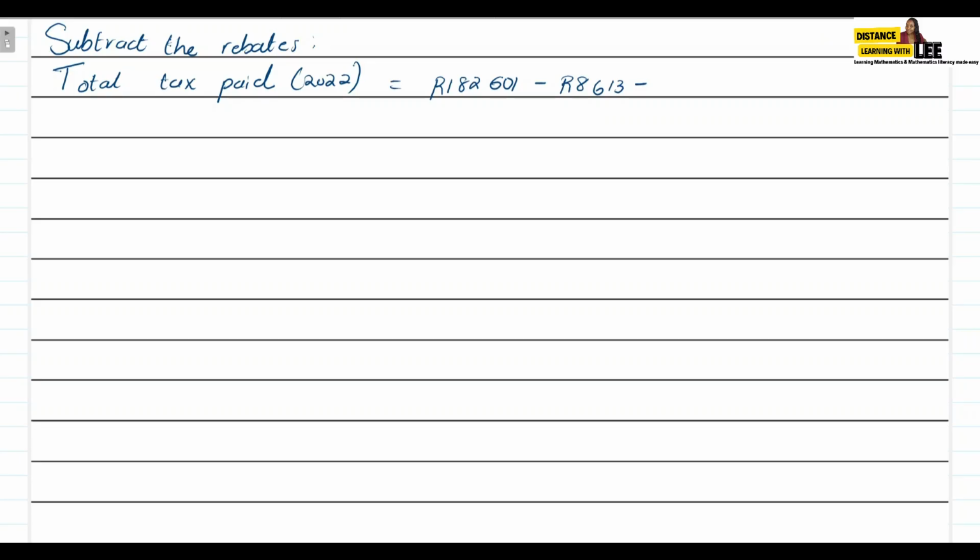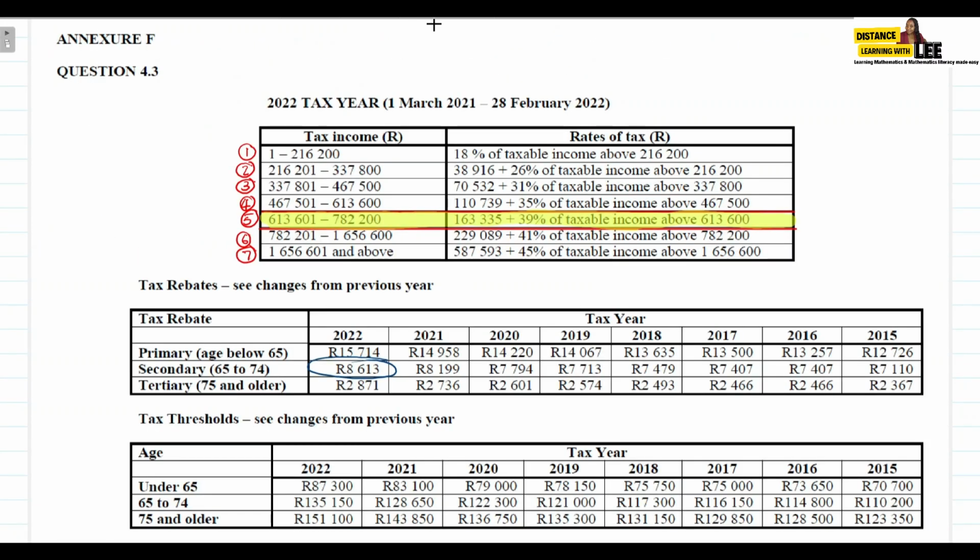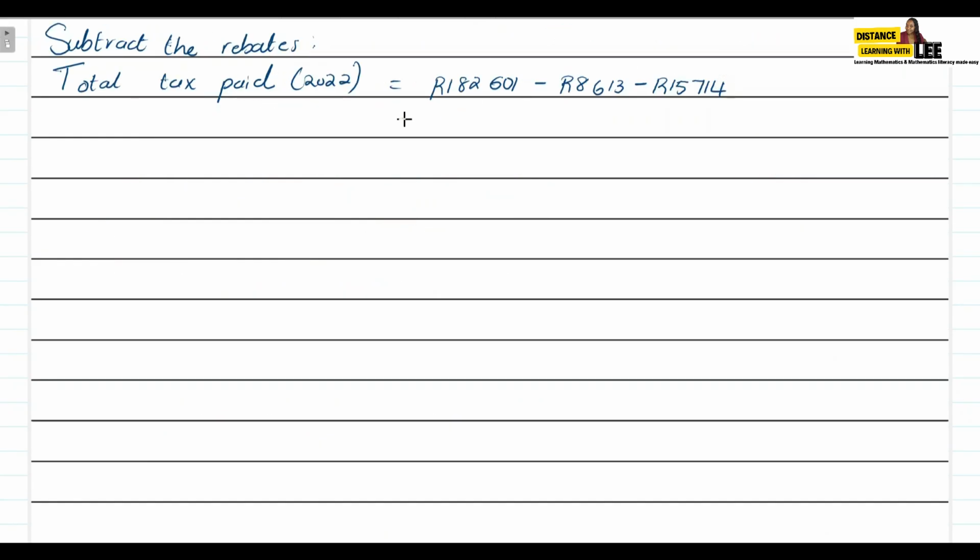However, we still need to also subtract the primary tax rebate of 15,714, because your primary rebate is charged for all natural persons. So every person, you need to subtract that primary rebate. So if you punch that into your calculator, it's equal to 158,274.